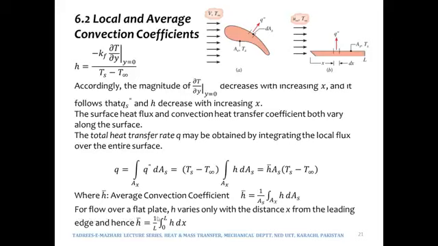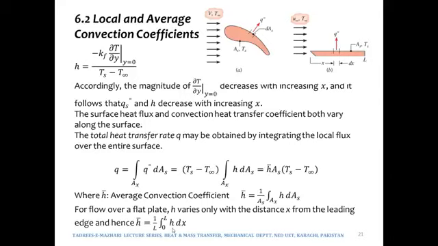However, for the flow over a flat plate, h would vary only with the distance x from the leading edge. We were looking at that particular graph in which h was on a decline with an increase in x. So in that case, h bar would be evaluated by integrating h over the entire length and not over the entire surface, because we would then have h as a function of x.